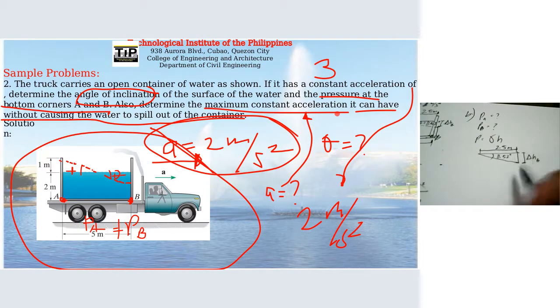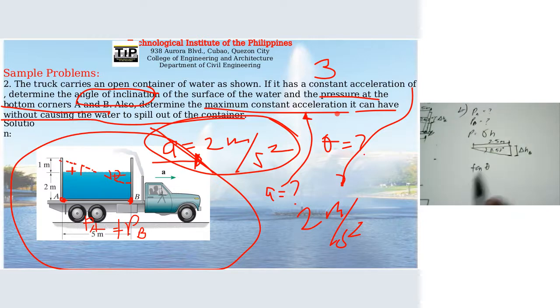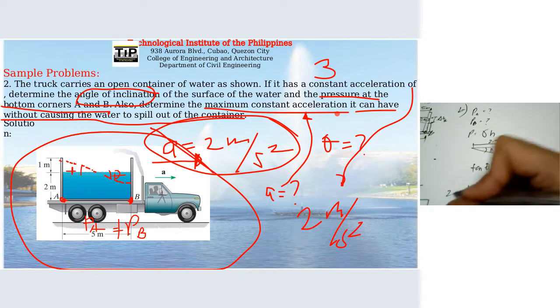Now ito yung gusto nating malaman. So tangent theta, opposite over adjacent. Theta is 11.52 degrees.